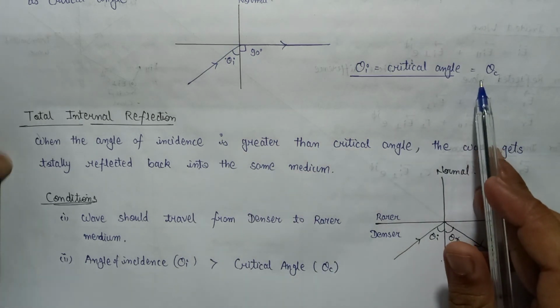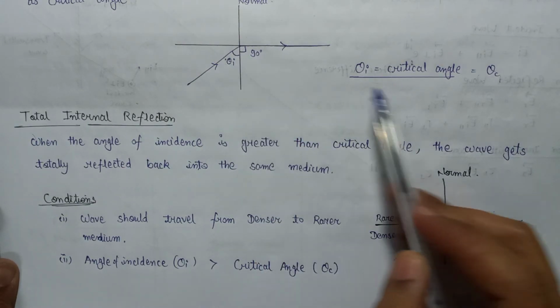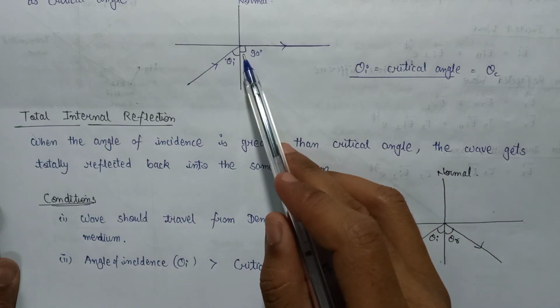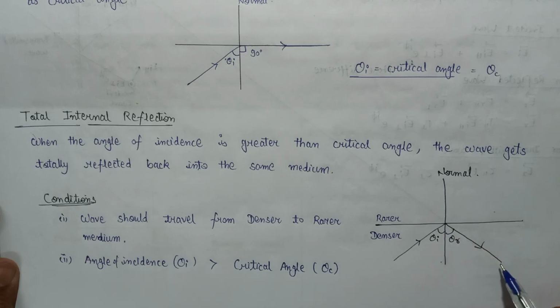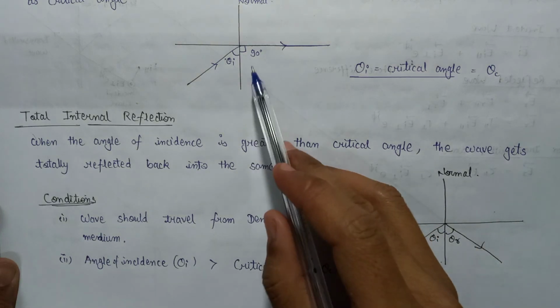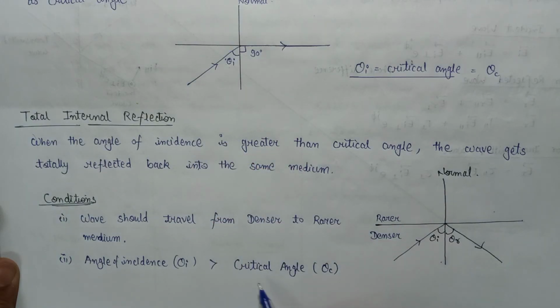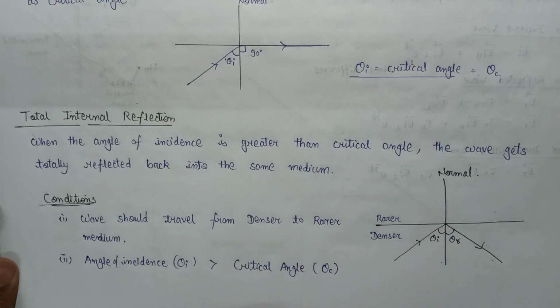At an angle of incidence equal to the critical angle, the refracted wave makes an angle of 90 degrees. So for the wave to be reflected back into the same medium, the angle of incidence should be greater than this critical angle. That's why this wave gets reflected into the same medium. And this is all about total internal reflection.